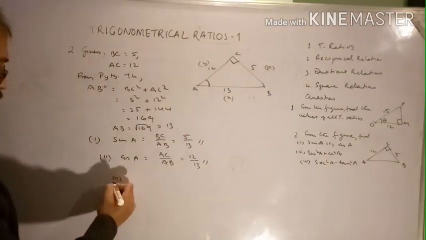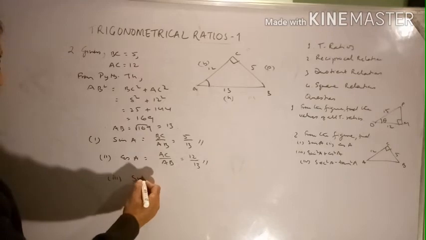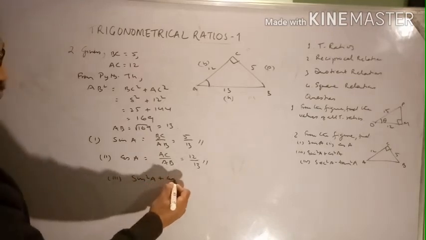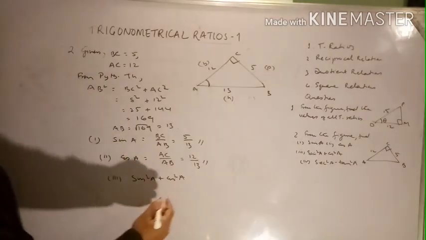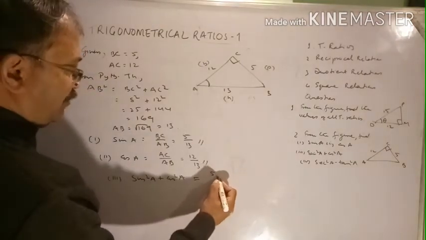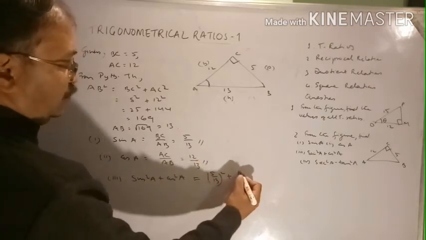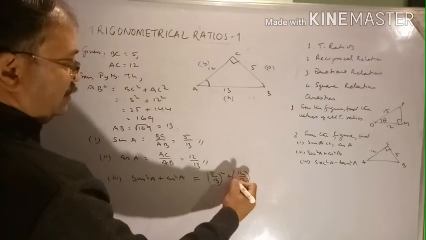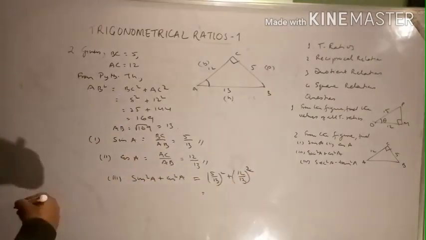Number 3. We have to find the value of sine square A plus cos square A. We know sine square A plus cos square A is 1, but then we have to find the value. So sine A we have found here, 5 by 13. So 5 by 13 whole square plus cos A which we have got as 12 by 13, whole square. Because sine square A means sine A whole square.